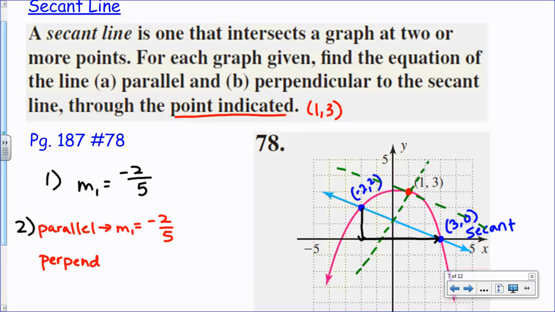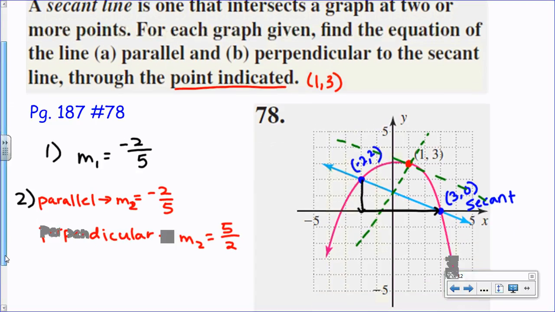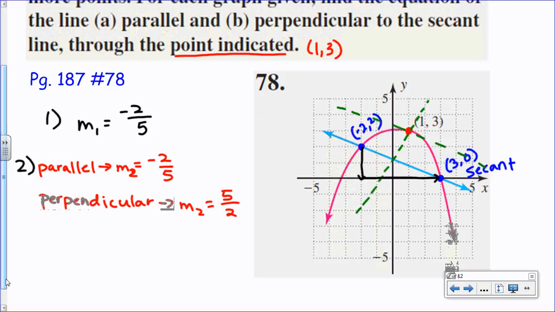If I want perpendicular, say m2, then I want m2 to be +5/2. Good. Okay, so let's do parallel first.